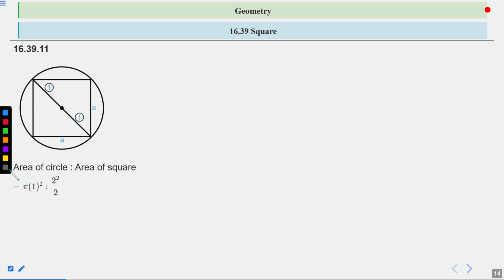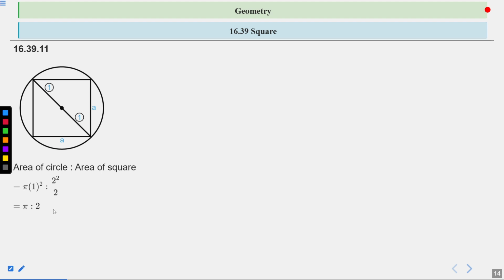If we let the radius be 1, the diagonal will be 2 and the side is a. The area of the circle and the area of the square will be pi r square and 2 square by 4. Simplifying, the ratio of the area of the circle to the area of the square is pi to 2.